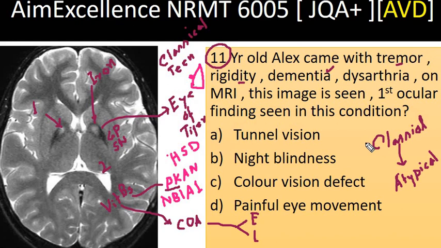Now, it is important to know: is there any inheritance pattern? Yes, there is. It is autosomal recessive inheritance. The question can also be asked from this angle.